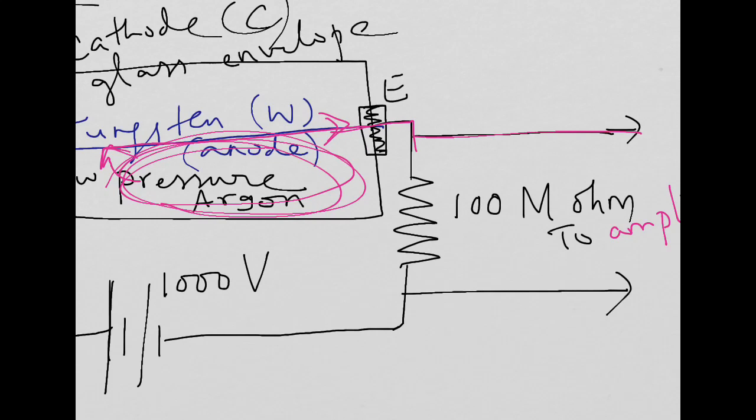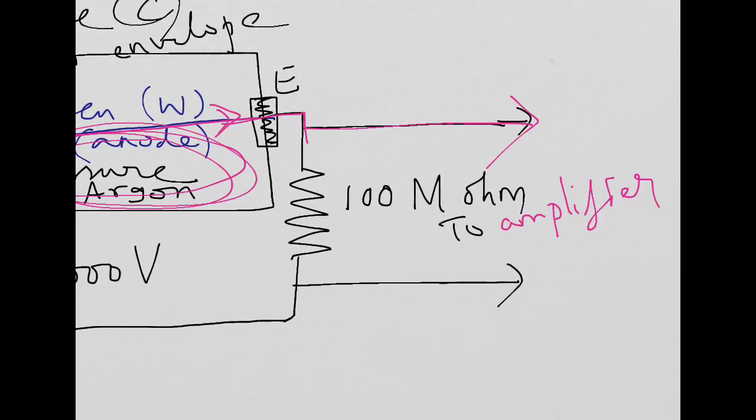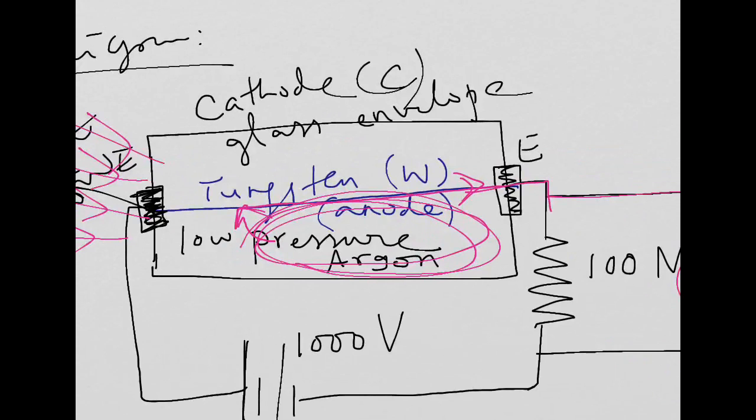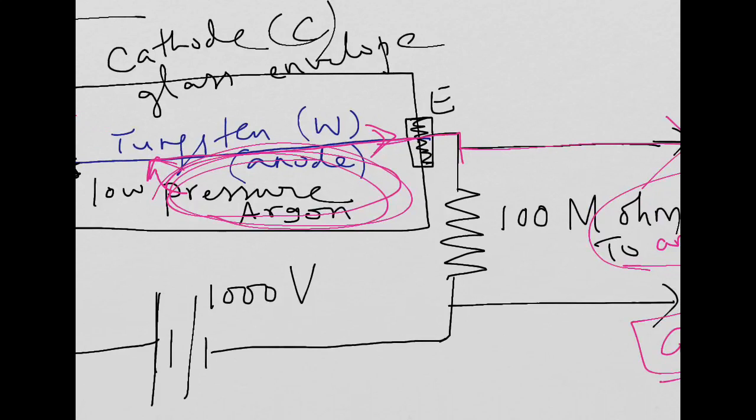In the outer circuit, which is connected to an amplifier, which is connected to a counter. Basically, this is an electronic counter, just like we see at airport entries or shopping malls, where for every person who enters there is counting. In the same way, it is going to count the number of ions that got split.